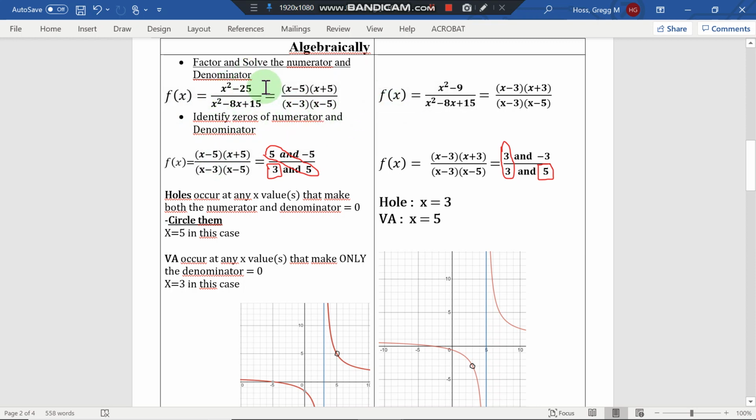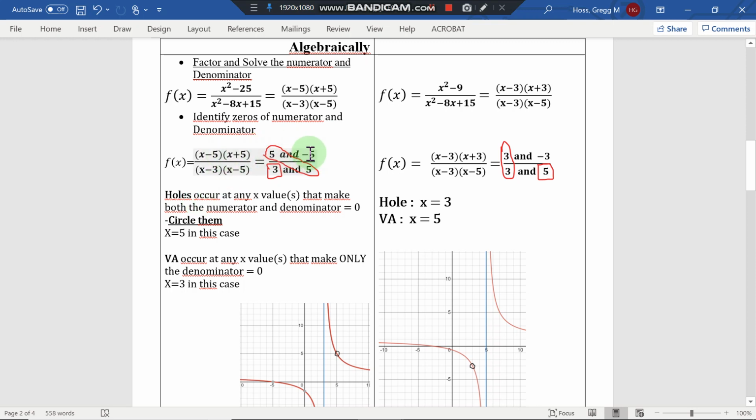So x squared minus 25 factors to x minus 5 times x plus 5. X squared minus 8x plus 15 factors to x minus 3 times x minus 5. If you need a review on factoring, we did that last week, but there are plenty of great videos on our YouTube channel. So when we find the zeros, which means that if I substitute 5 for x in the numerator, 5 minus 5 is 0, times 10 will still equal 0.